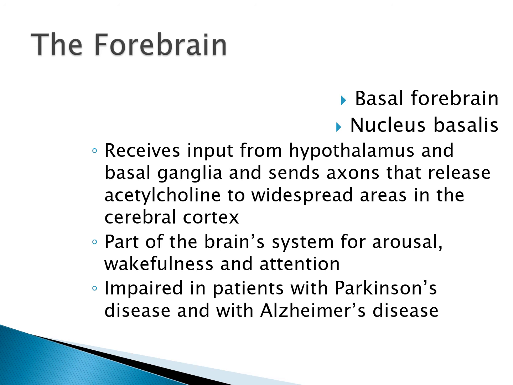We'll talk about the nucleus basalis when we talk about the wake-sleep cycles, as it is very important for arousal and keeping us awake, so clearly important for attention in that manner. This area of the brain is impaired in patients who have Parkinson's disease, as well as people who have Alzheimer's disease.